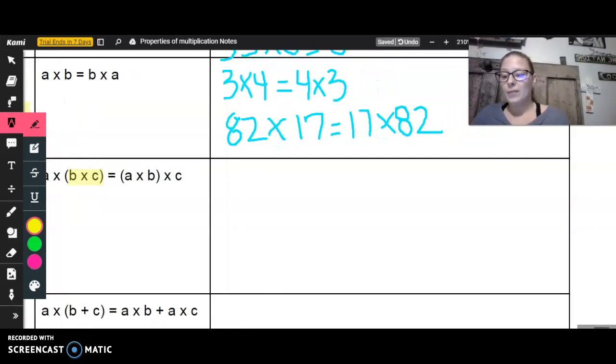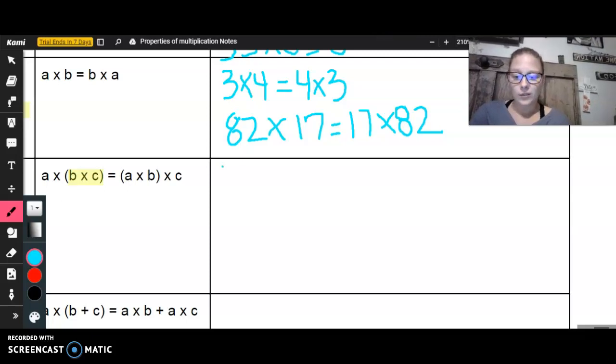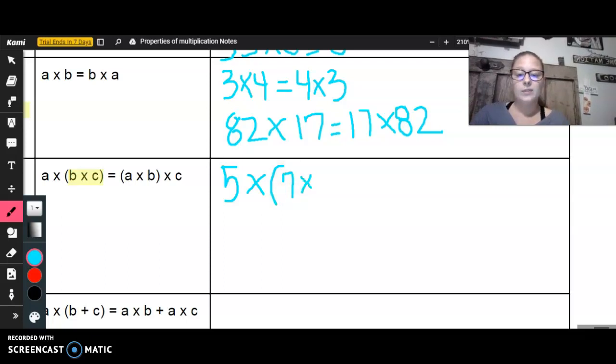So going back to my drawing pen, we're going to do 5 times, and then parenthesis, 7 times 3.